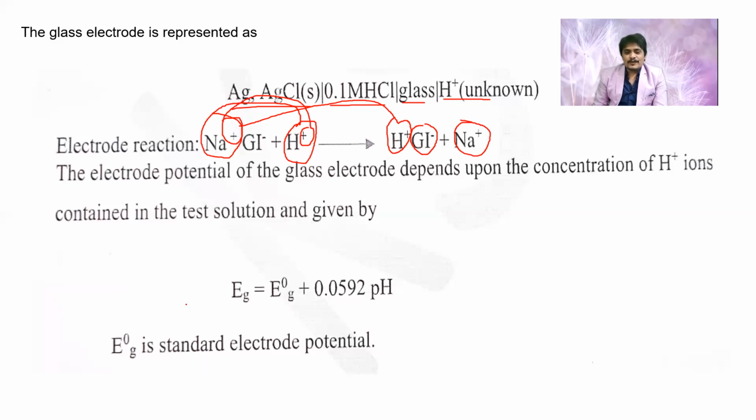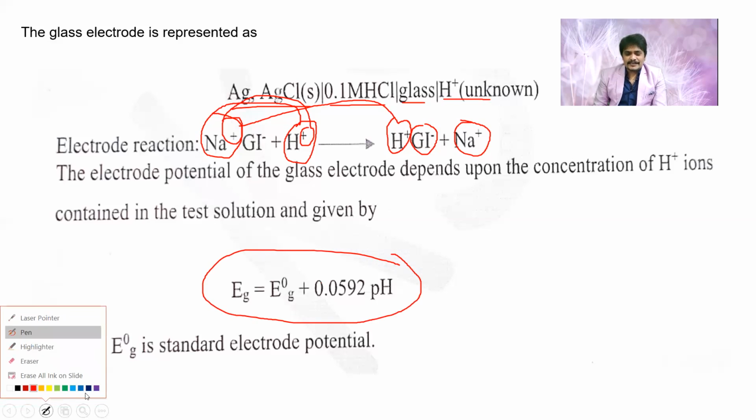Right. Now, coming to the last part of this ion selective electrode, to be more specific, the glass electrode, is the Nernst equation for the glass electrode. The Nernst equation for the glass electrode is Eg equals E0g plus 0.059 pH. Now, by seeing this Nernst equation associated with the glass electrode, can you notice something?